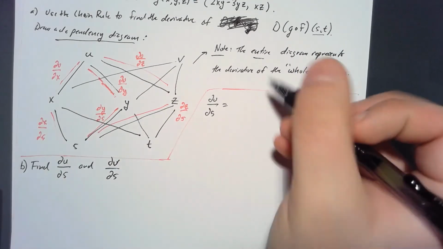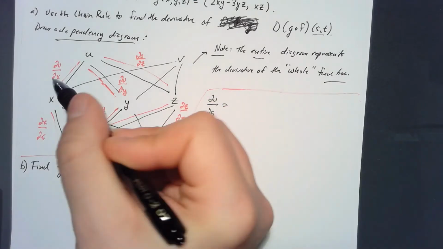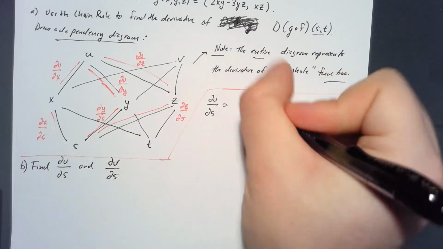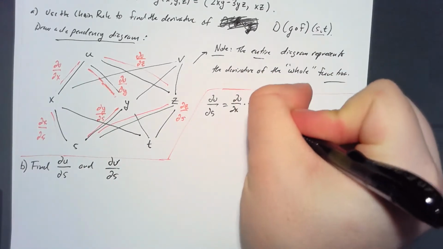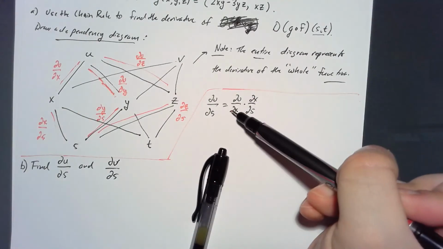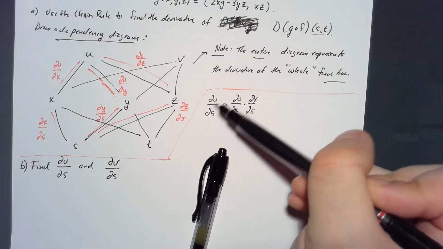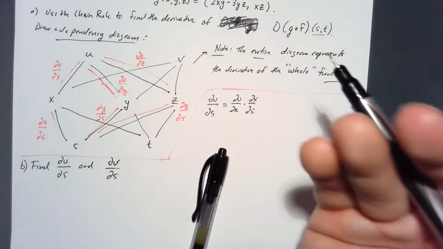So my final expression for the partial of u with respect to s is du/dx times dx/ds. And you can see how that works, because if I cancel out the dx's, what do I get? I get du over ds, which is what this is equal to. So you can see how the algebra shows you the answer.